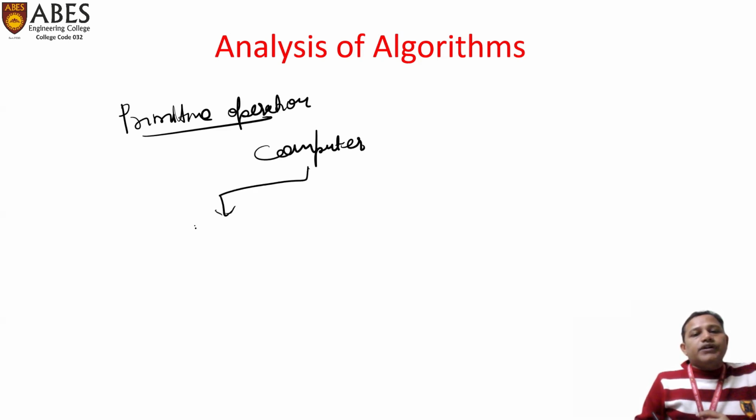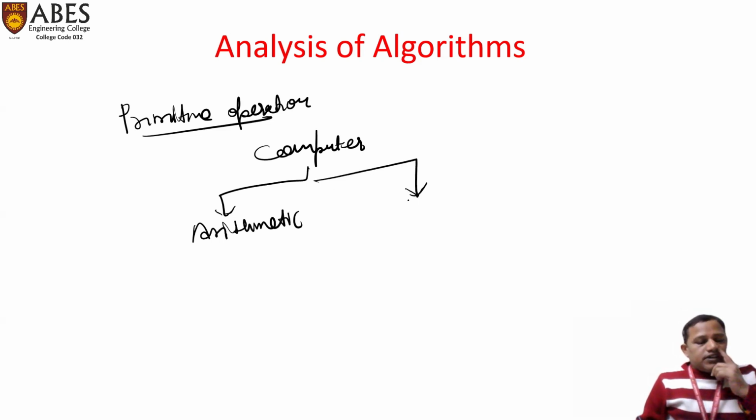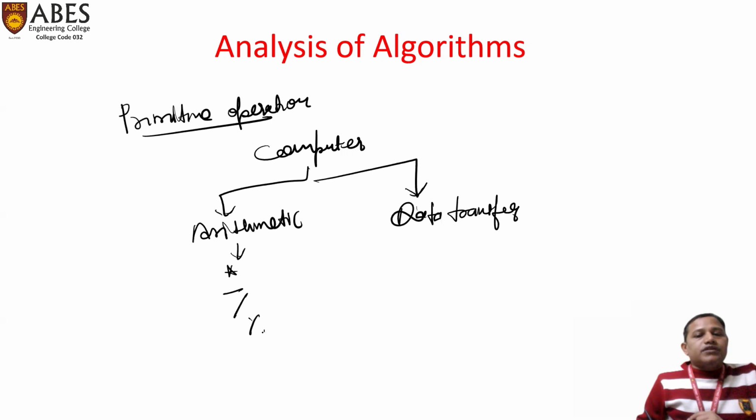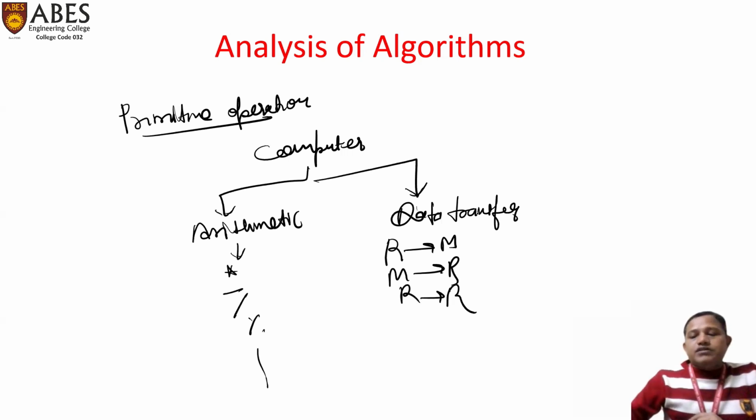First one is arithmetic operations, and second one is data transfer. Arithmetic operations are like plus, minus, multiplication, division, modulus, etc. And data transfer is from register to memory, memory to register, register to register, like that. These are called the primitive operations.